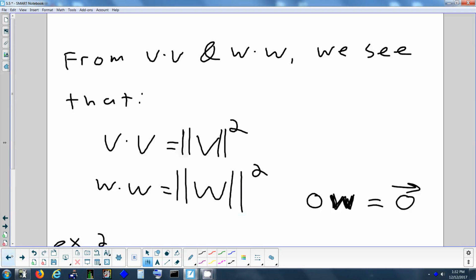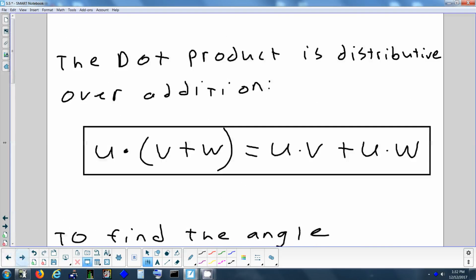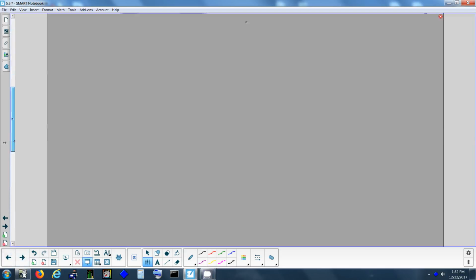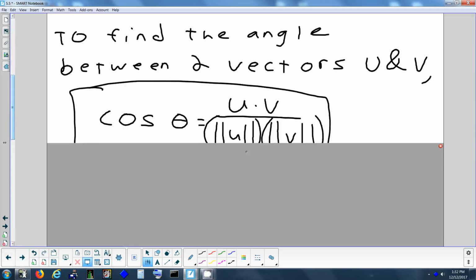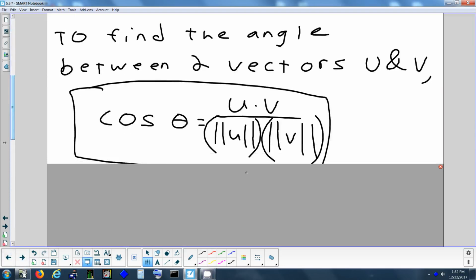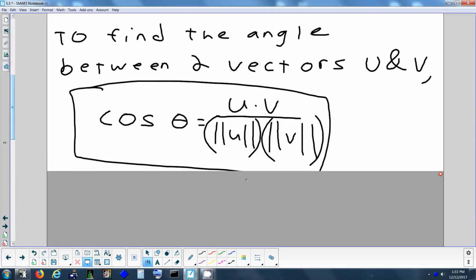Or there's a formula that has this already built into it. And the proof of it, if we were going to go through the proof, uses the law of cosines. That's where the cosine comes from. So this formula says to find the angle between two vectors, the cosine of the angle equals the dot product over the product of the magnitudes.